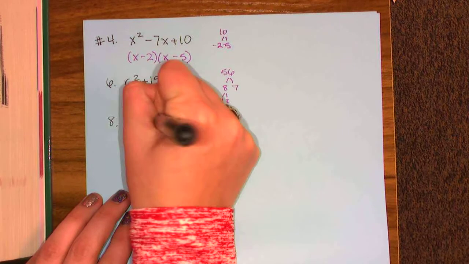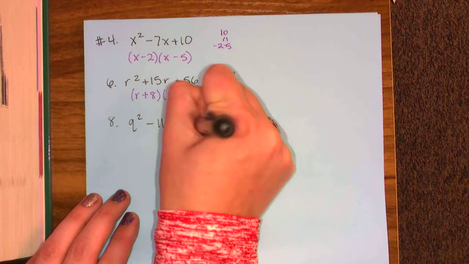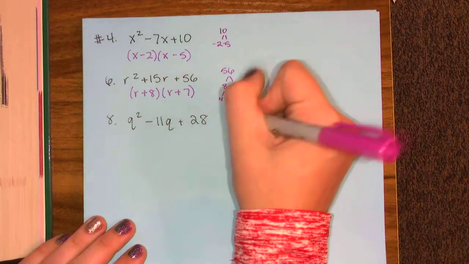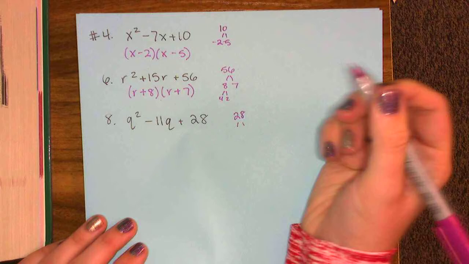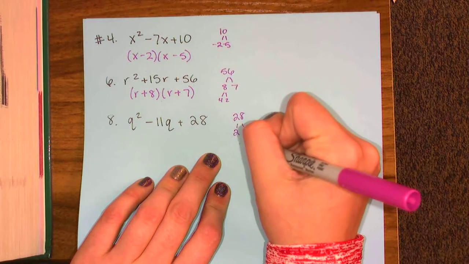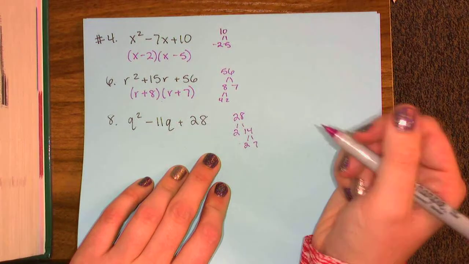8q squared minus 11q plus 28. Okay, so with this one, I need factors of 28 that give me -11. So let's see, 28, 2 and 14, those don't work. 14 is 2 and 7.